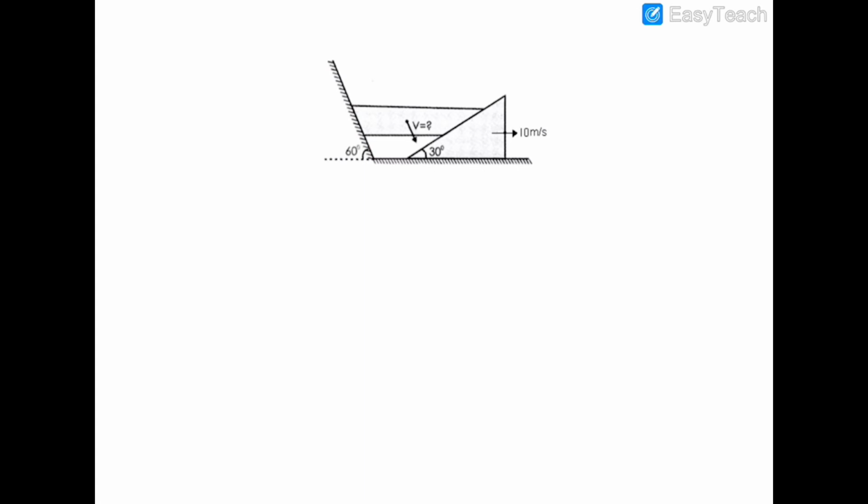So it is given in the question, but if it is not stated, then we can assume that the direction will be parallel to the fixed contact. So the direction of velocity will be in this direction, and the contact will be like that.